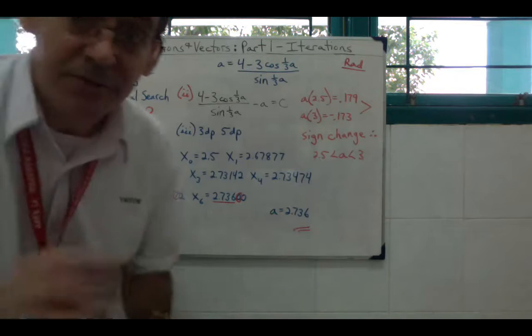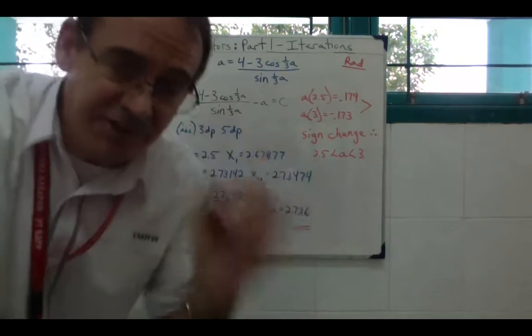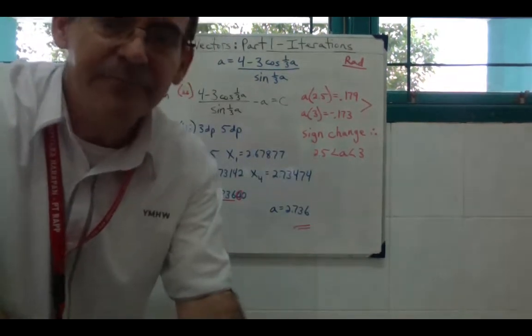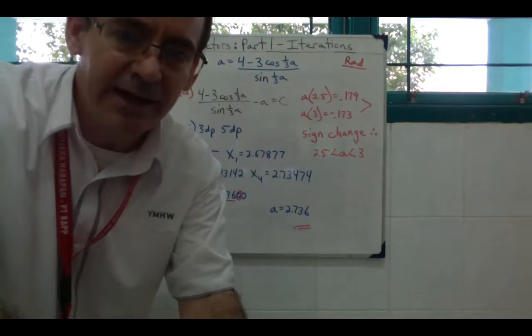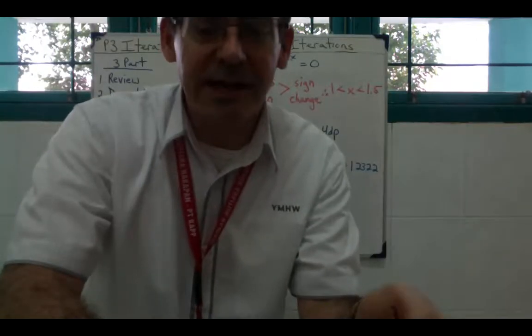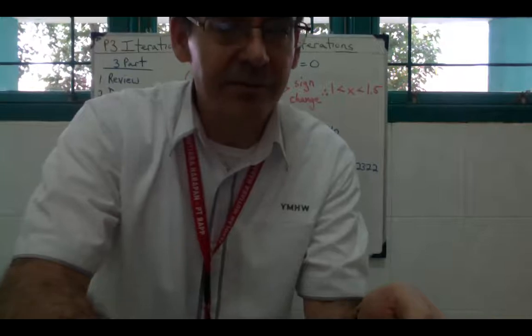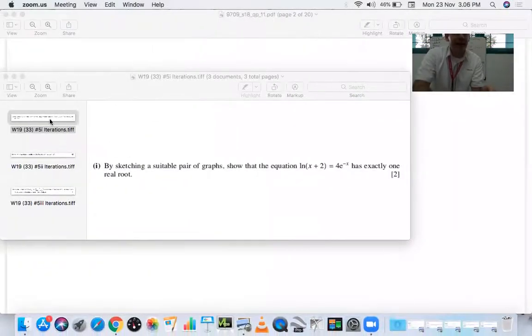Okay, so let's look at one more just to make sure you get this pattern down. And let me set up for that. Okay, let's look at the last one for this video here. Notice this was the sketching one. So when you sketch the 2 graphs, the logarithm and the exponential, again, you might have to go back to the P3 transcendental functions, exponentials, and logarithms sketching video.